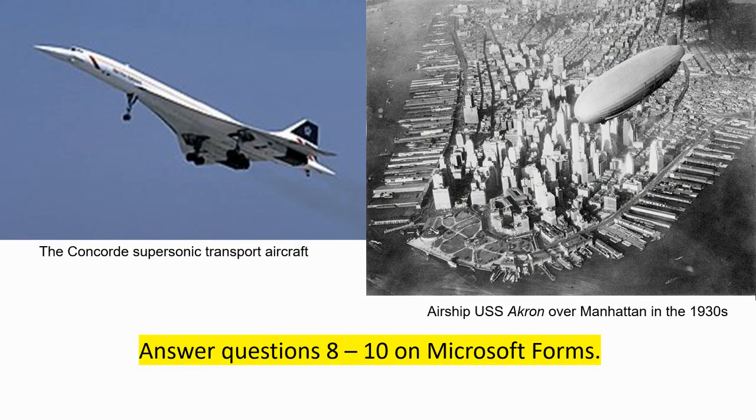I just wanted to finish with a couple of very cool inventions that we no longer use. On the left is Concorde, which was just before you guys were born, but when I was young, Concorde was a plane that travelled faster than sound. It was the way that wealthier people, businessmen, actors, etc., travelled around.